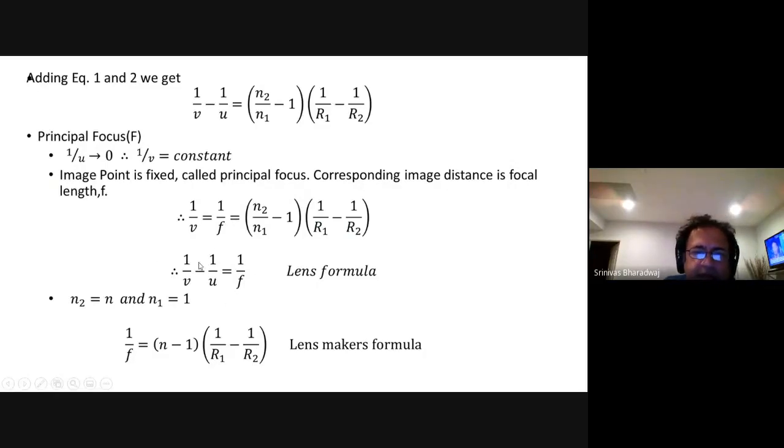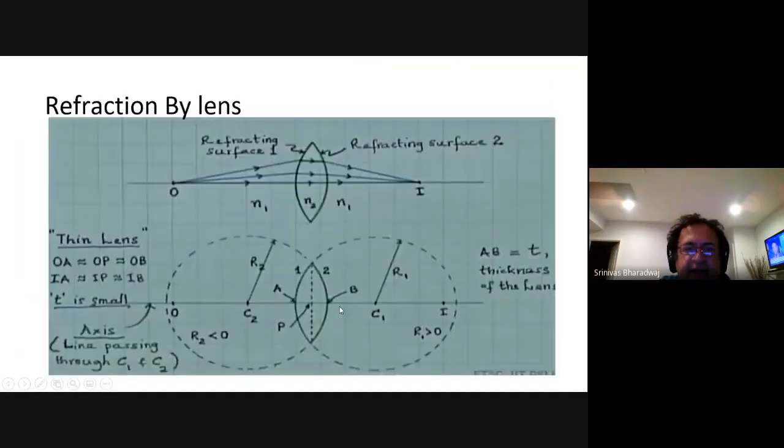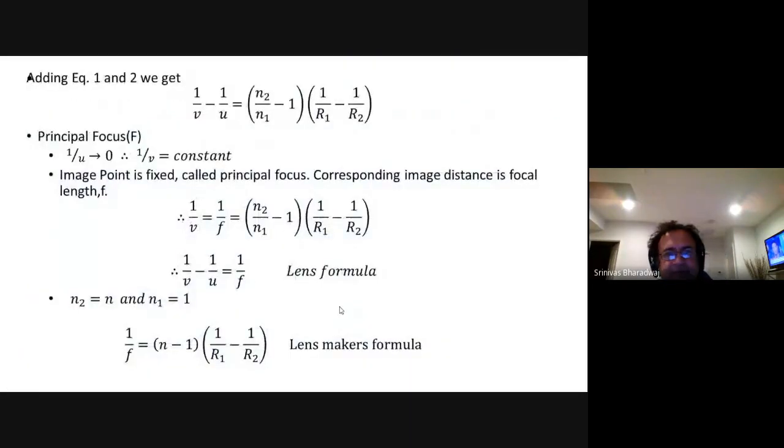So this is called the lens formula: 1 by V minus 1 by U equals 1 by F, and this also derives from this formula. And so you have the principal focus. If you had a lens like this and all the rays were coming in parallel, they would all fall at this point called the principal focus, which is typically half the radius.